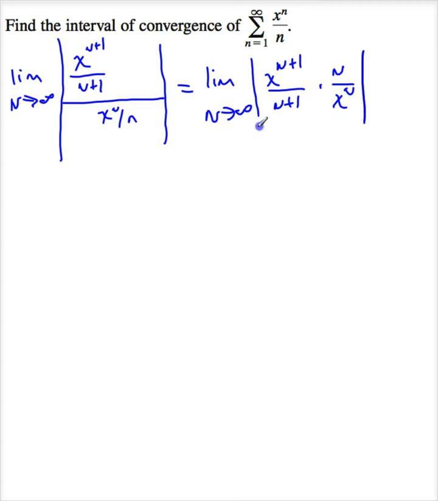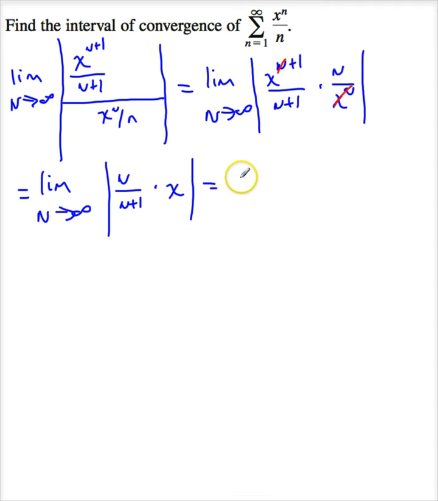Don't forget your absolute value signs. This is the limit as n goes to infinity of the absolute value. Let's see, what's going to cancel? I'm going to lose x to the n. I'm going to be left with n divided by n plus 1, and this is all going to be times x.